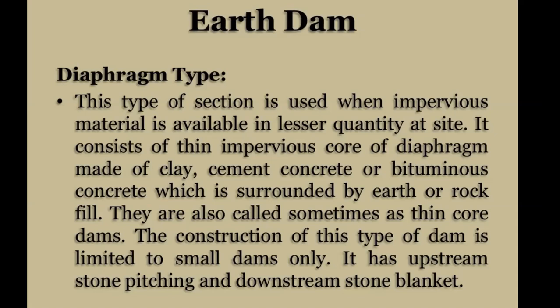So you are now well aware that in the case of the diaphragm type dam also, there is stone pitching, and on the downstream side it is a stone blanket.